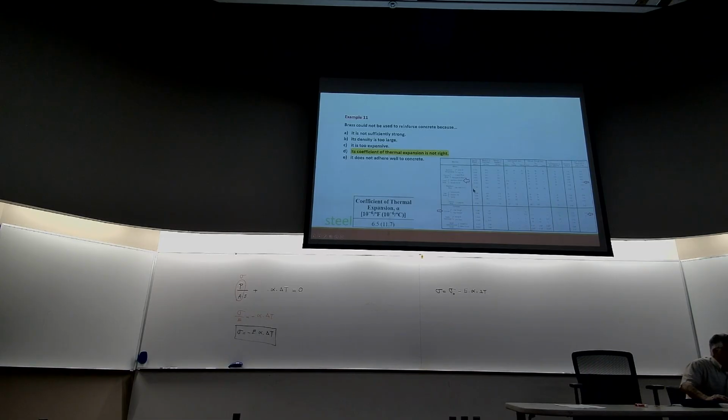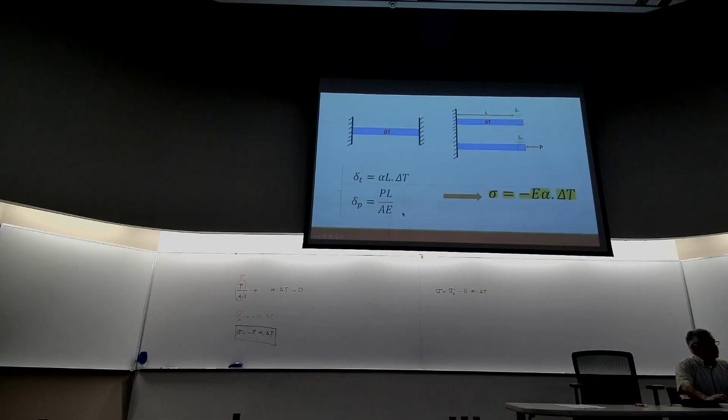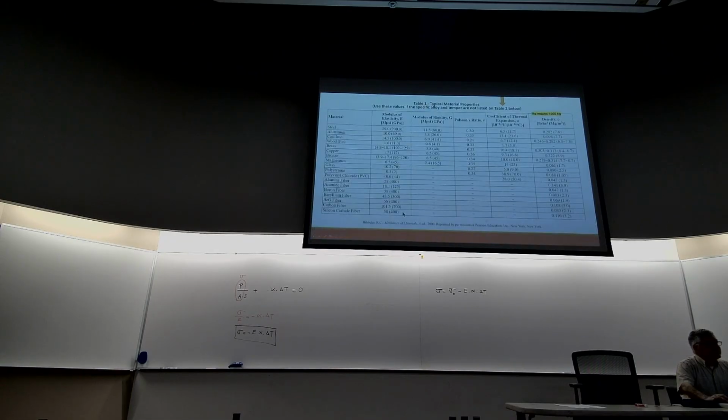If you look at steel, in this table it is 6.5. We just use this number in our example, 6.5 times 10 to the minus 6. Or if we go back to these tables, this is 6.5 times 10 to the minus 6.